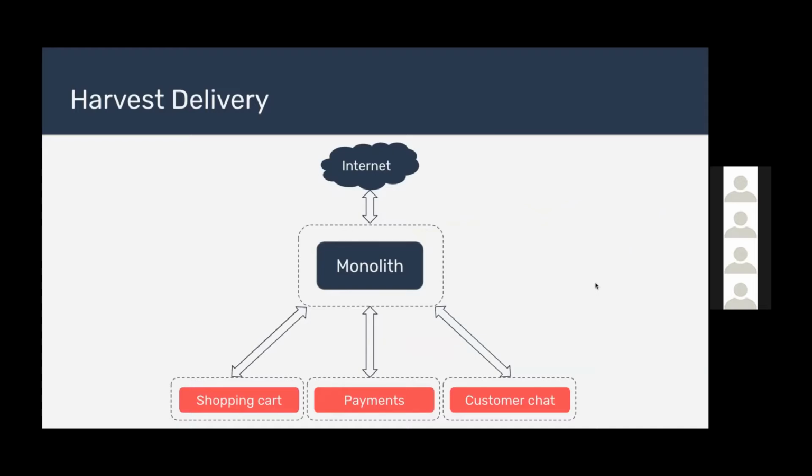Let's say Harvest Delivery wants to add 3 microservices to their application, which are called a shopping cart, a payment processing, and a live customer service chat function. Now, this type of migration is commonly performed by organizations and is referred to as the strangler fig pattern, which is a term that was coined by Martin Fowler.